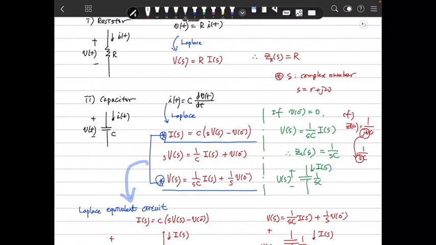In the phasor case, we define sigma as 0, then that will be j omega, which gives the phasor approach. So phasors and Laplace are very similar, but Laplace is a more general approach to analysis in the frequency domain. So anyway, the capacitor can be represented as 1 over SC.